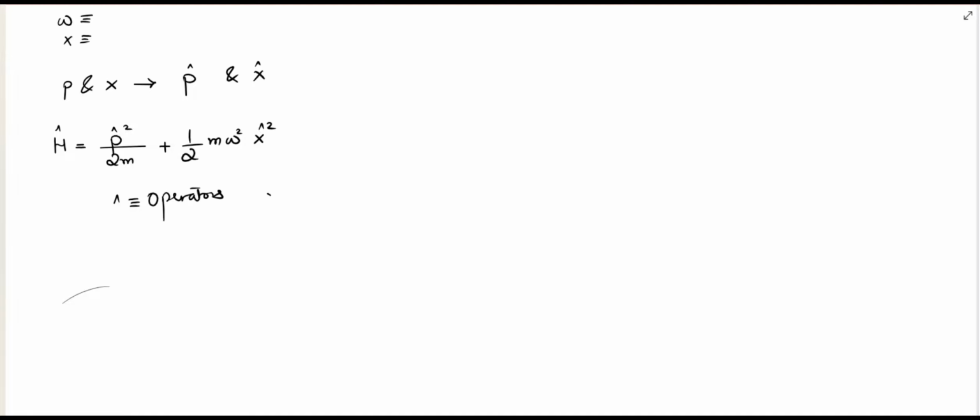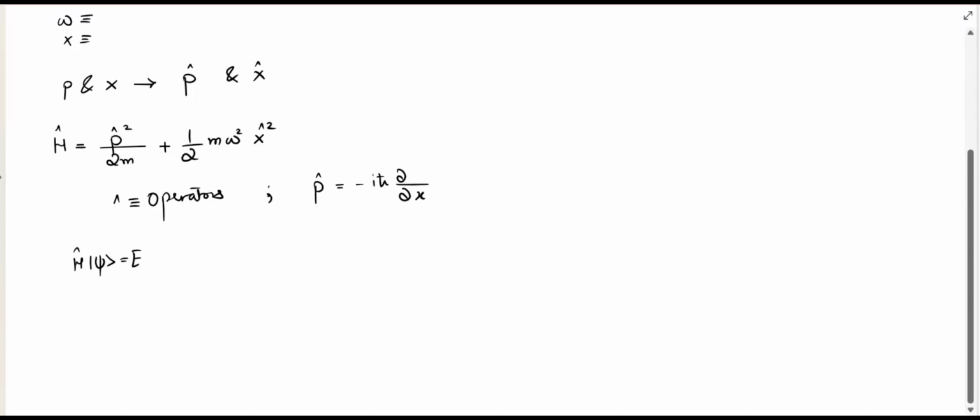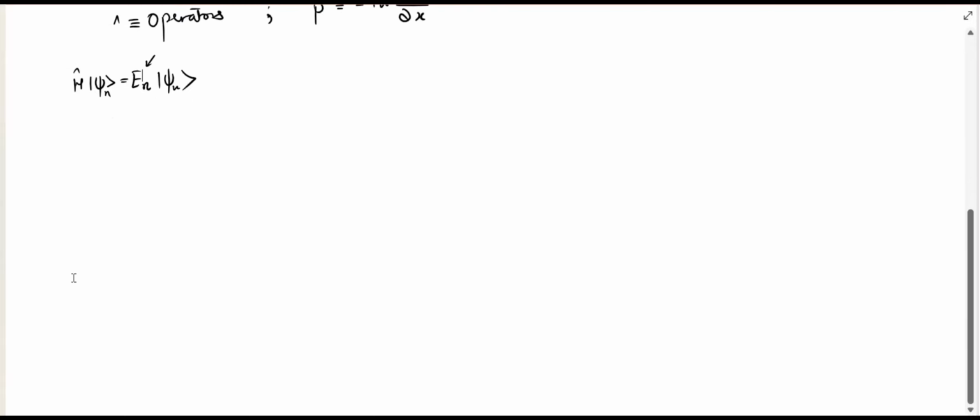And the relation between x and p is given by p cap is equal to minus i h bar del by del x. This H cap acts on some of its eigenvector psi, and it gives us some En psi. And this is one of the allowed energy levels of this quantum harmonic oscillator. We'll come to it.